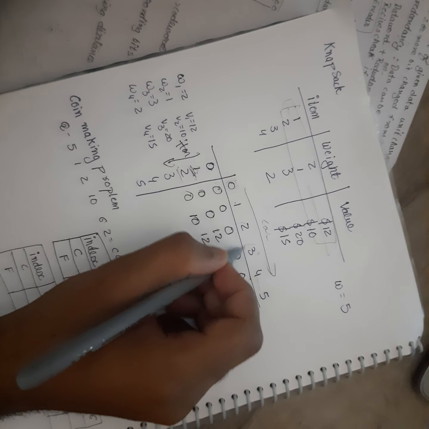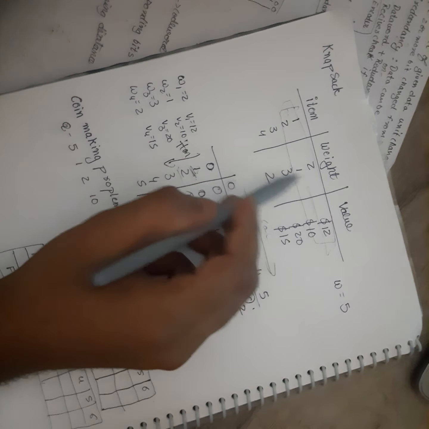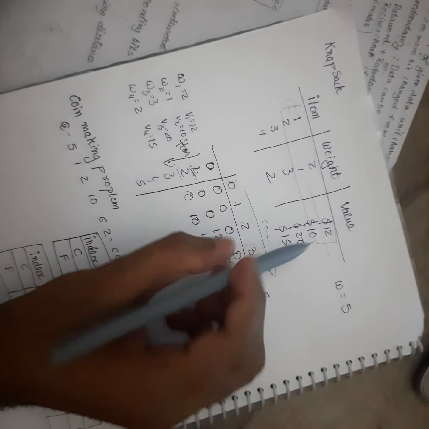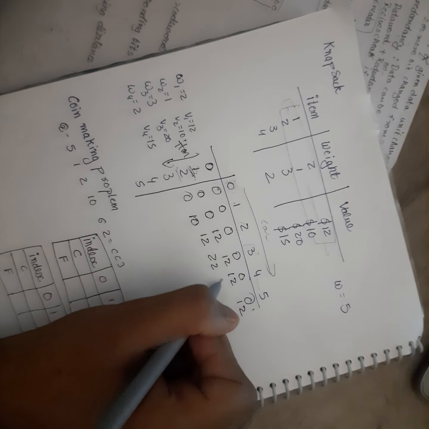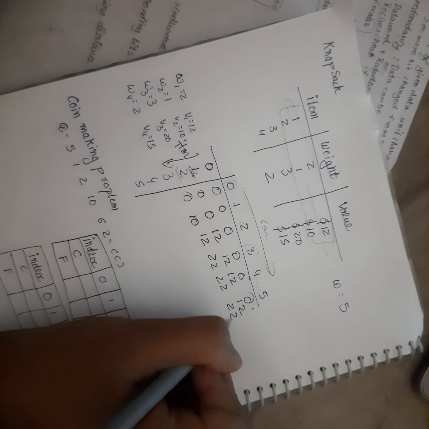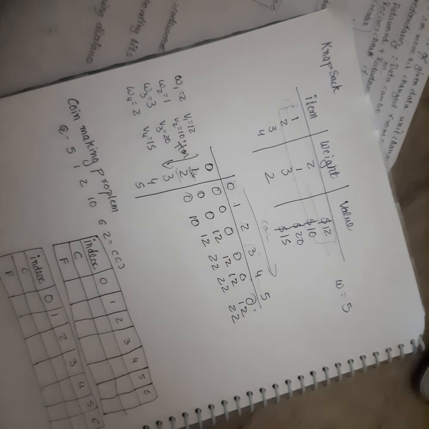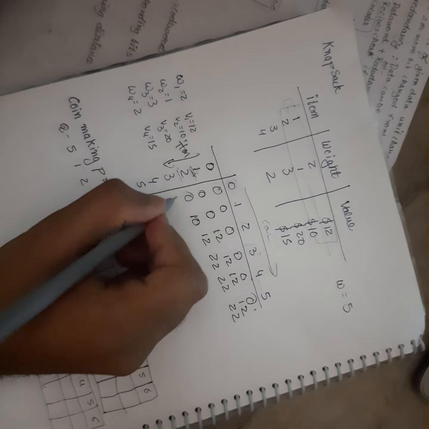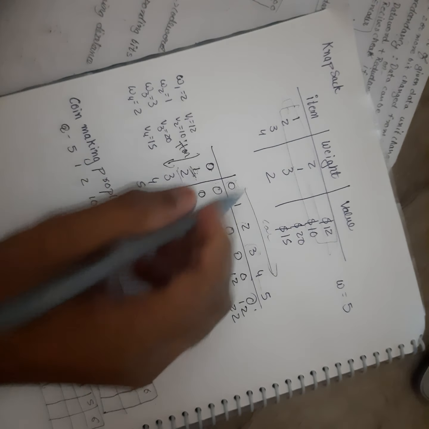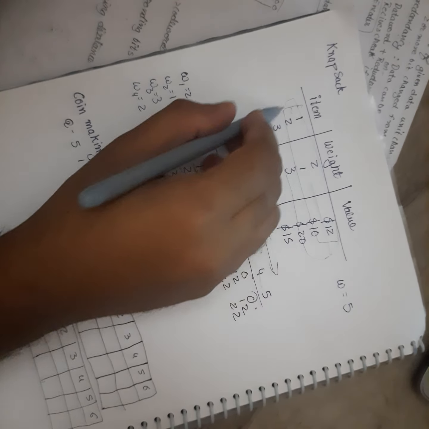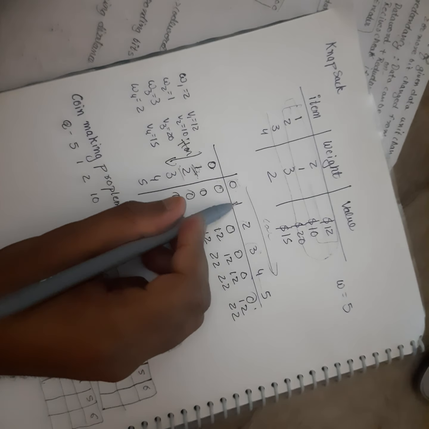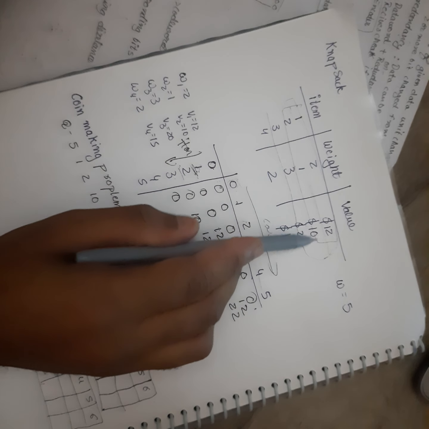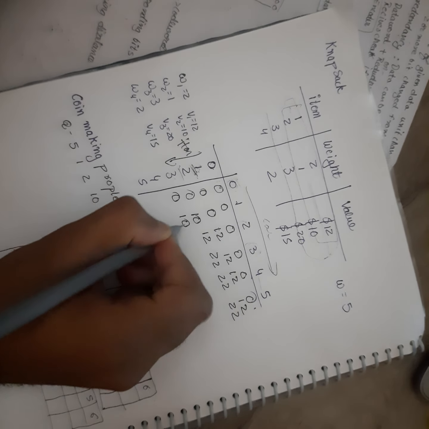Now we have capacity of 3, so you can take both, because 2 plus 1 is 3, you can store it, right? So it will become 10 plus 12, 22. Only you can take the 2 elements, right? Now you have 3, you can take starting 3 elements. So 0 capacity means 0 only. For 1 you can only take this one, so 10.